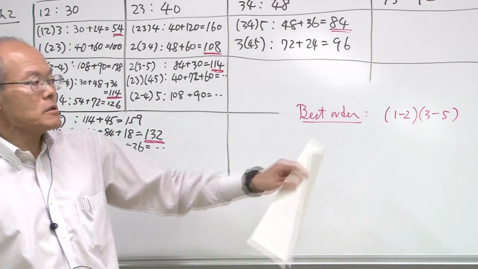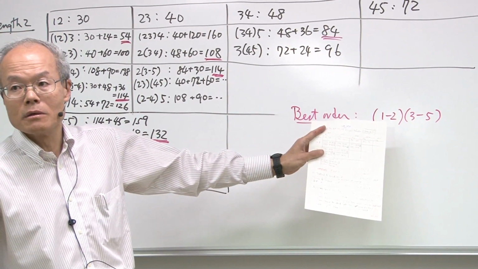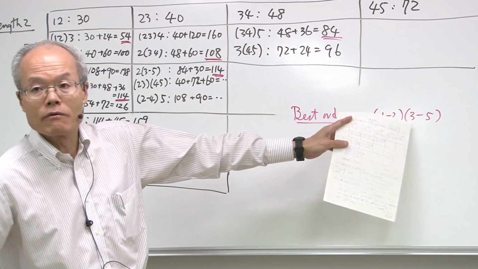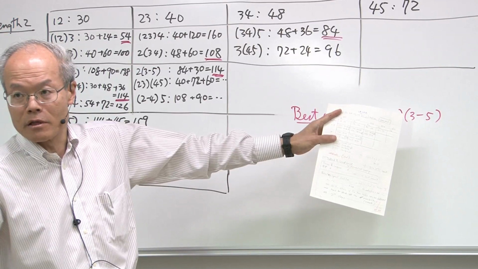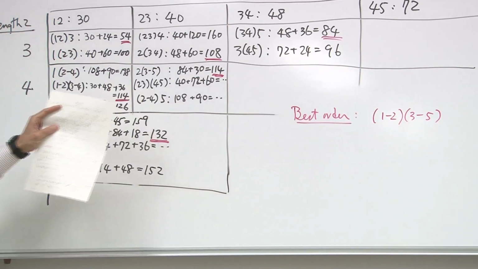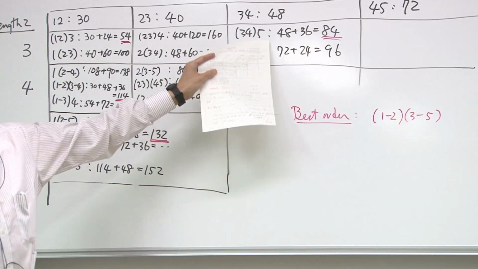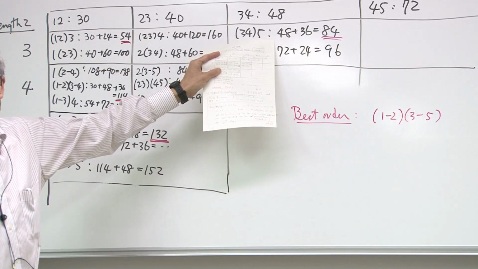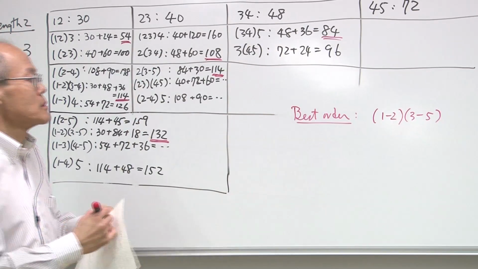Also 1, 2, this is only two matrices, so we don't have any choice. But we do have a choice for 3 to 5. What's the best one for 3 to 5? Just look at the 3 to 5 here. Then what is the best one? That is this one, the best one.